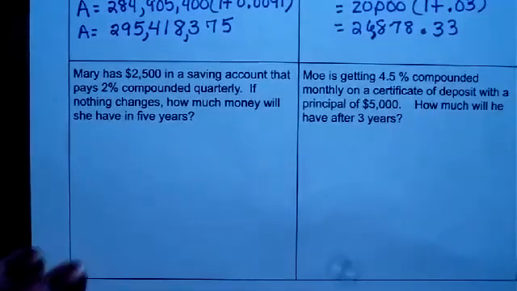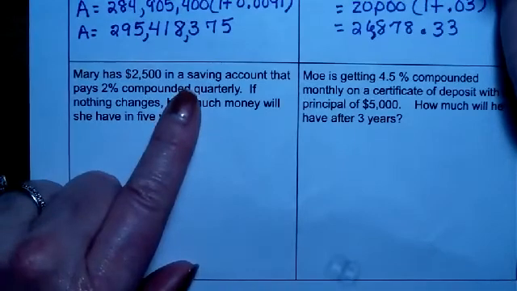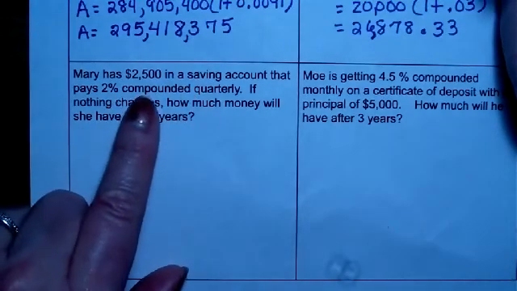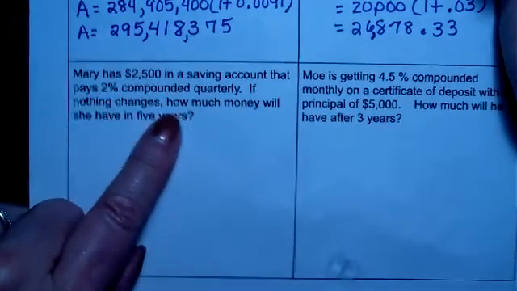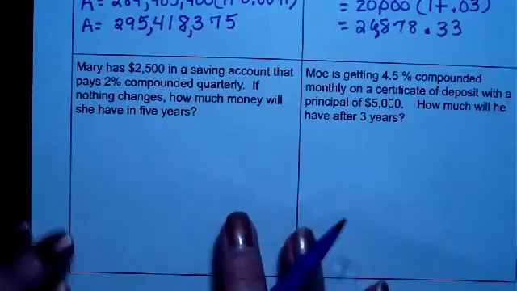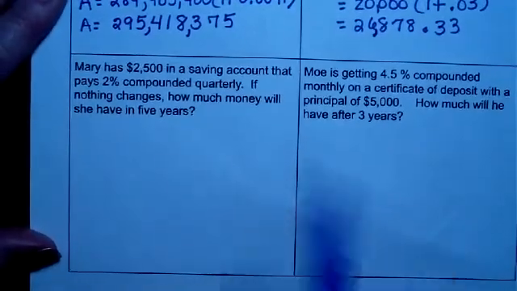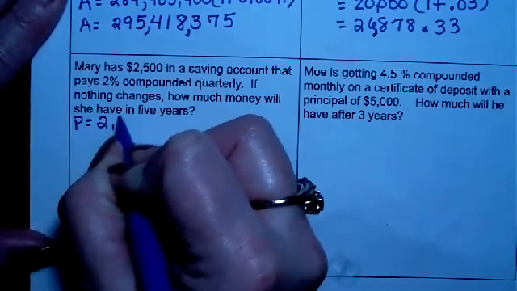So let's look at our example right here. Mary has $2,500 in her savings account that pays 2% compounded quarterly. If nothing changes, how much money will she have in 5 years? So let's think about this. Our P is 2,500.